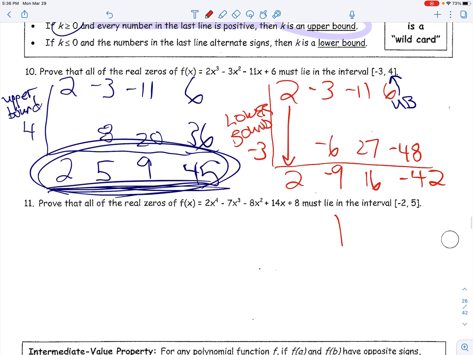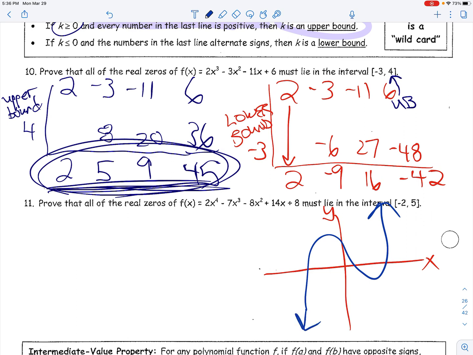So this is a cubic function, number 10. So all it means here, another way to look at it graphically, and then I'll wrap up here. For a cubic function with a positive leading coefficient, once you prove something is an upper and a lower bound, all of the roots are going to fall between those two numbers that they give you.